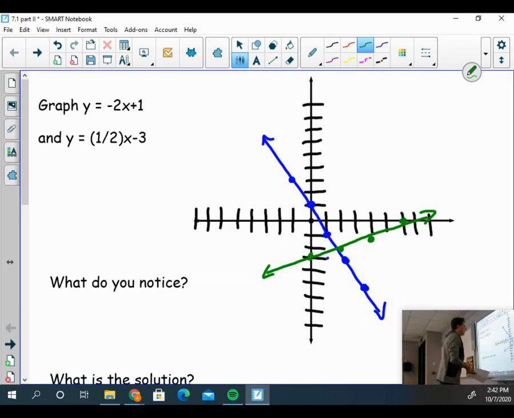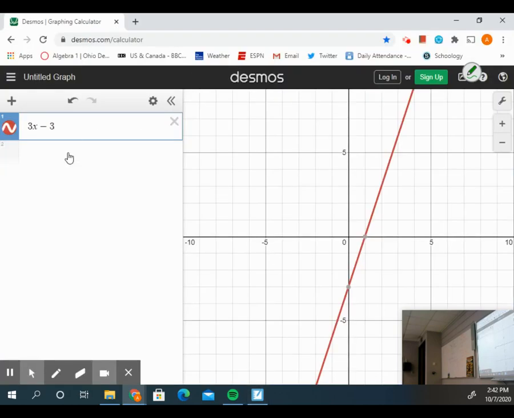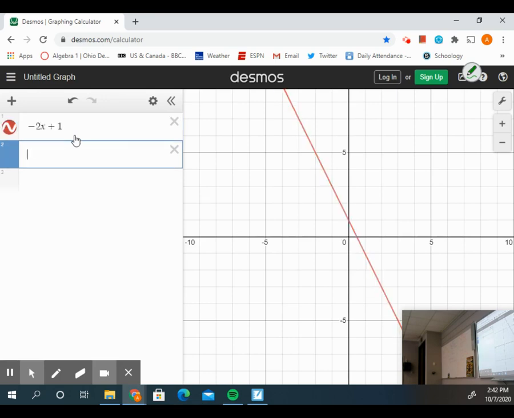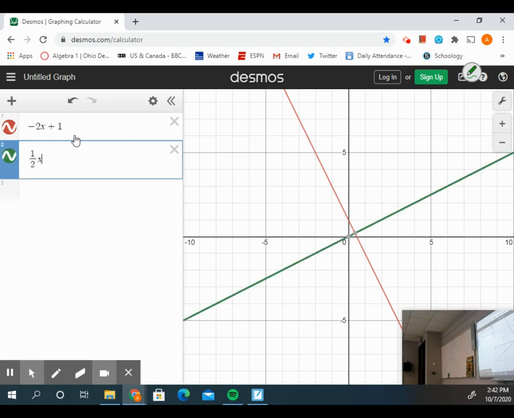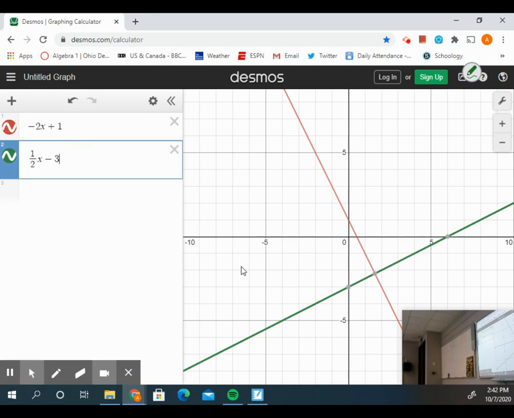The solution is not a nice even number. And if we check it in Desmos, as we did with one earlier, negative 2x plus 1, and our other line was 1/2 x minus 3, we don't get a nice, even, neat solution.